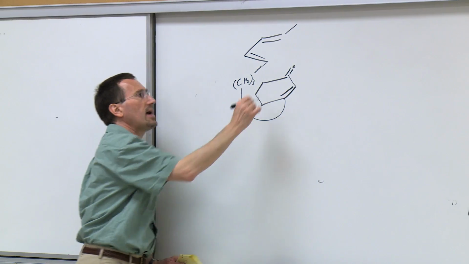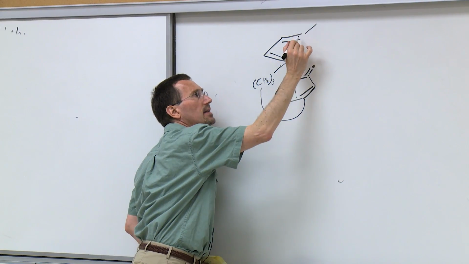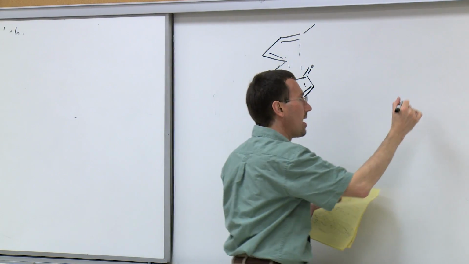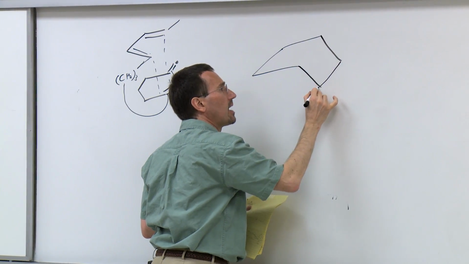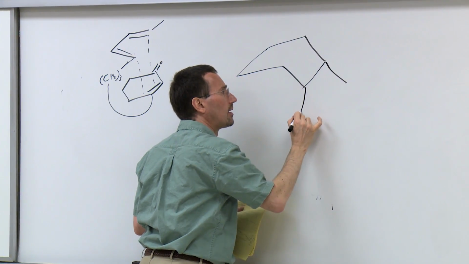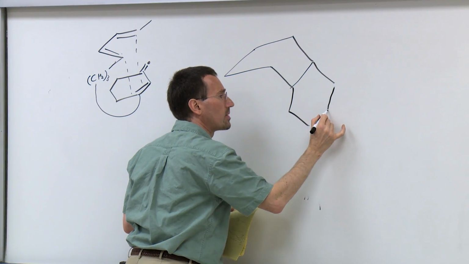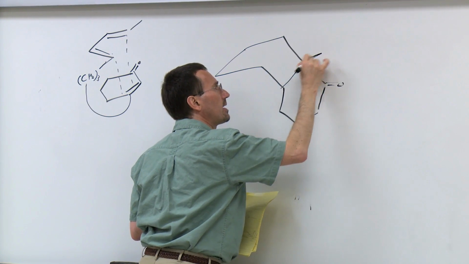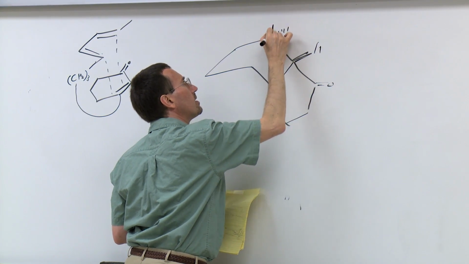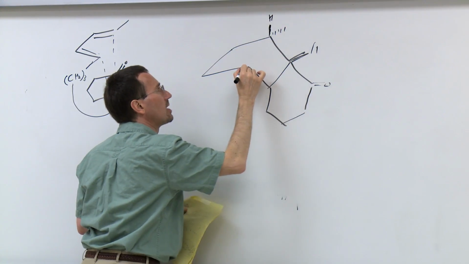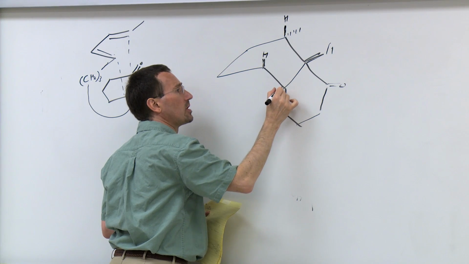And if you go ahead and you envision forming a bond here and forming a bond here, and I try to write the product in as close a shape as I can to the reactants, just so you can see the relationship, we end up with this hydrogen up, the methyl down, a hydrogen up here, a hydrogen up.